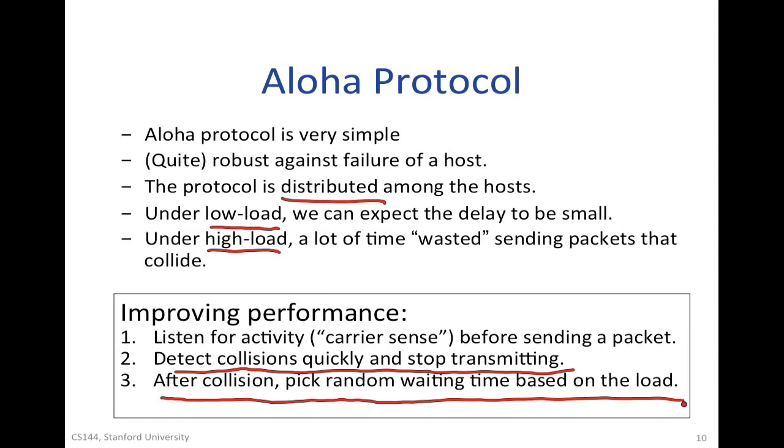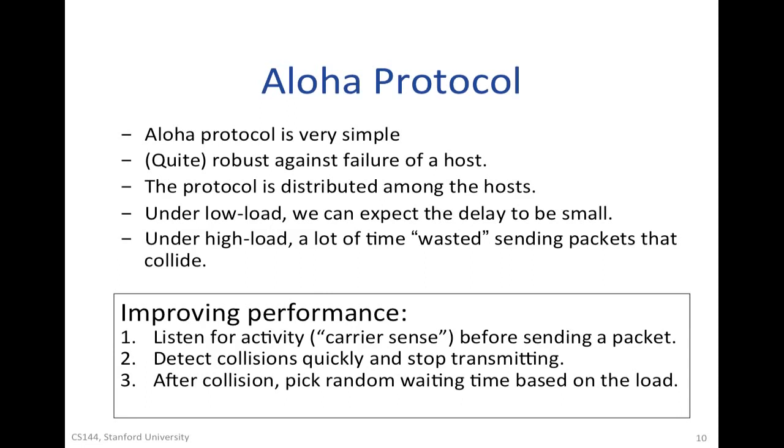If the load is high, then wait a long time, because that'll give others the opportunity to be able to send. If the load is low, then wait a short time, because probably you'll get through successfully next time. If the load is high and you wait a short time, the chances are you'll collide again, and it'll just be a wasted opportunity.